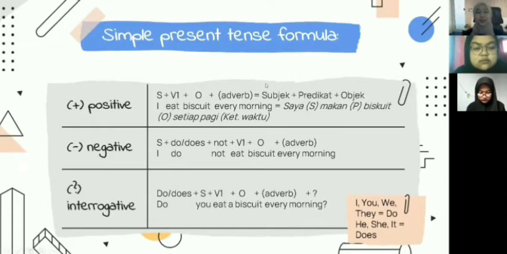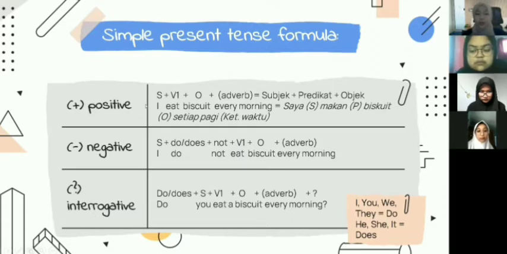Okay, let's jump into the formula. When you hear formula, do not think of mathematics, because it is different and it is simple, as the title says, simple present. There are three types of simple present tense: positive, negative, and interrogative. The positive formula is subject, verb 1, object, and adverb.